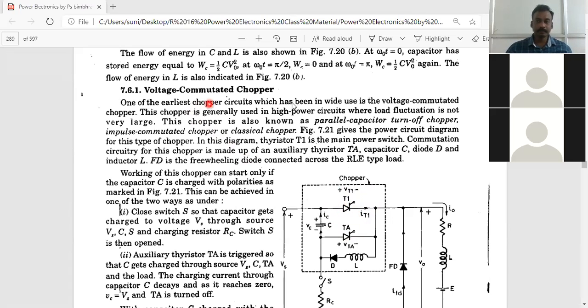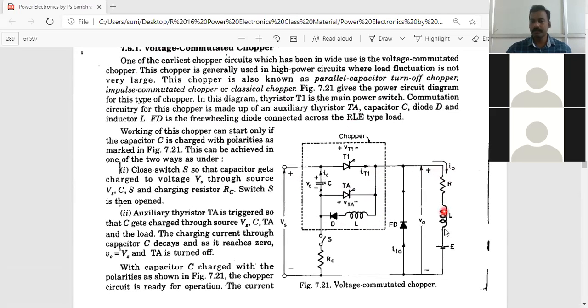Is it clear? In the last session we considered the operation of this voltage commutated chopper. What is the main circuit here, and what are the auxiliary circuits we are going to consider? T1 is the main thyristor, which acts as a chopper.